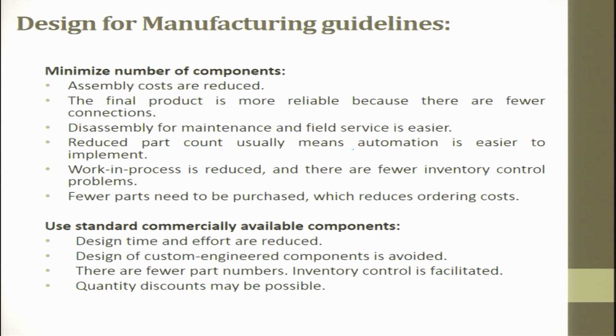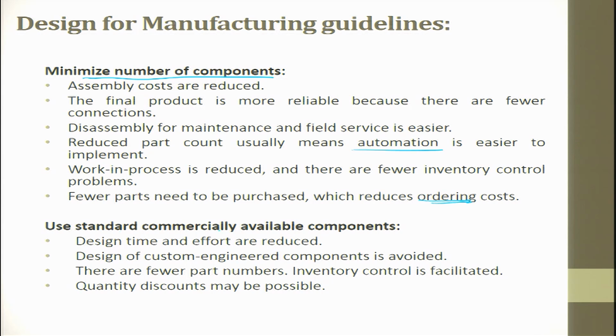Reduced part count usually means automation is easy and could be easily implemented. Work in progress is reduced and there are fewer inventory control problems only if the number of parts is reduced. Fewer parts need to be purchased, which reduces the ordering cost also. So, these are the benefits you get if you try to minimize the number of components.